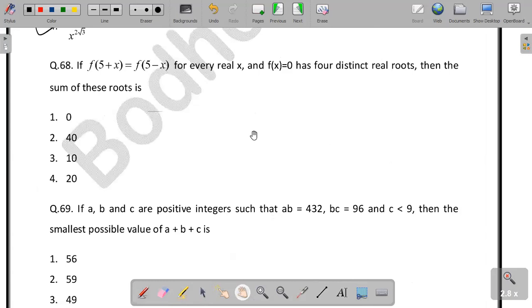Uh, this concept I want to teach to you. Whenever this type of equation you see, the sum is 5 into 4, that is 20.